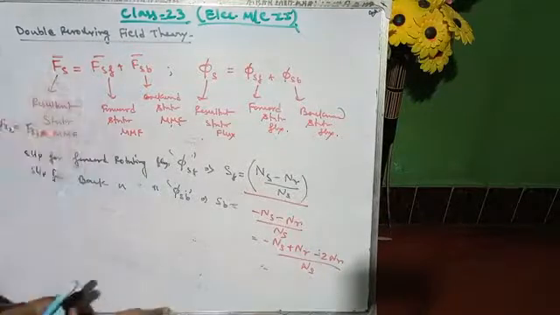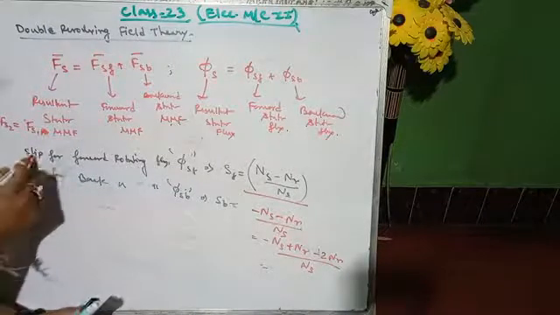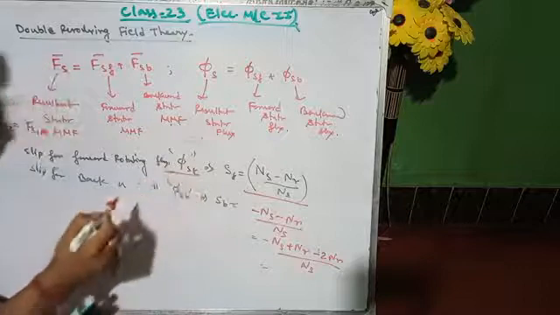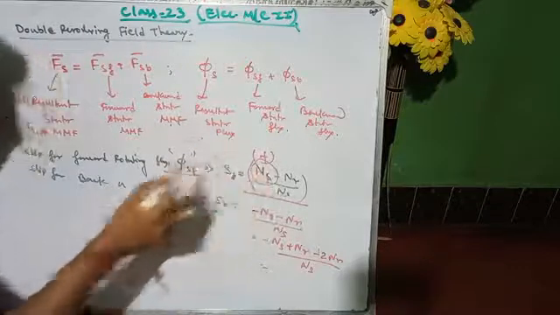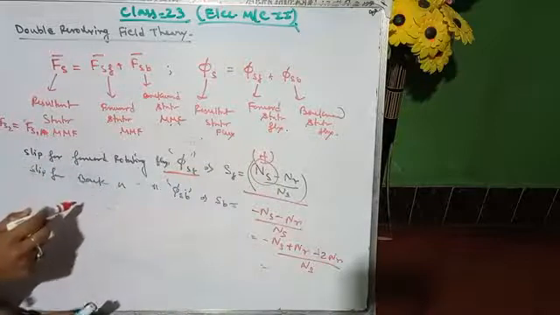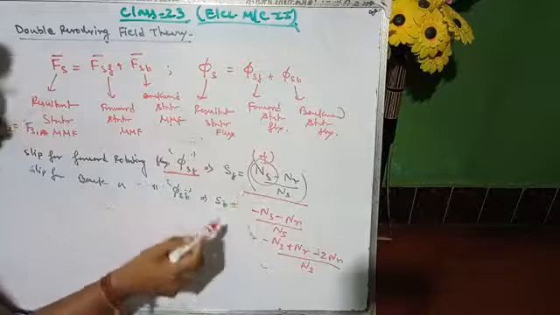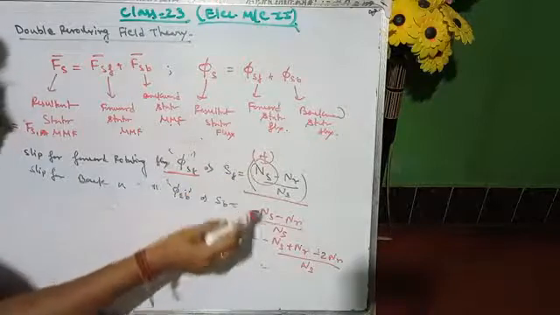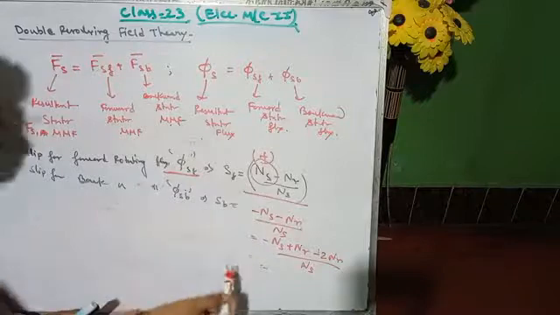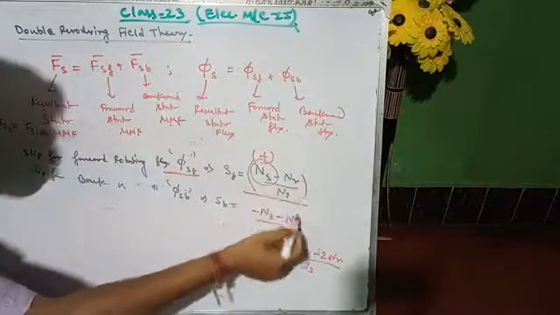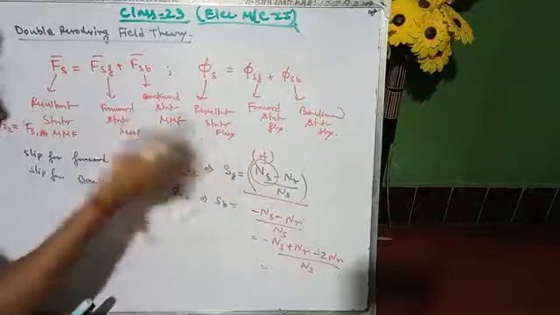Yes, because for the forward rotating slip, forward rotating flux, ns will be positive, right? And for the negative flux, ns becomes negative. That means it is in the opposite direction having the same magnitude. That is, ns becomes only negative, but the magnitude of ns remains the same. So there is no change of nr. Why? Because nr is in the rotor part.